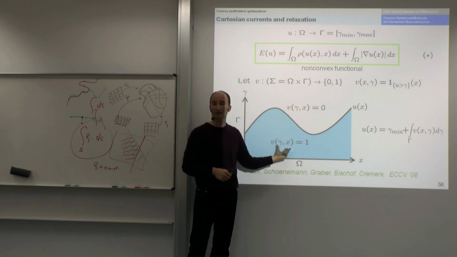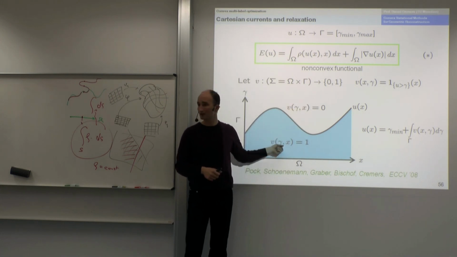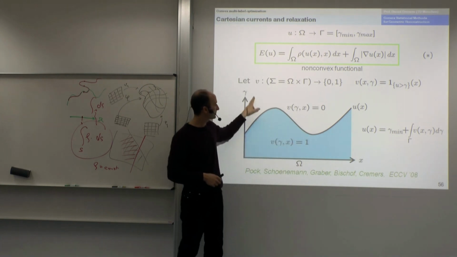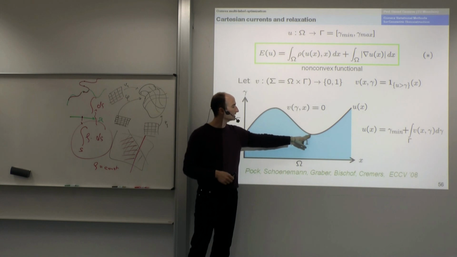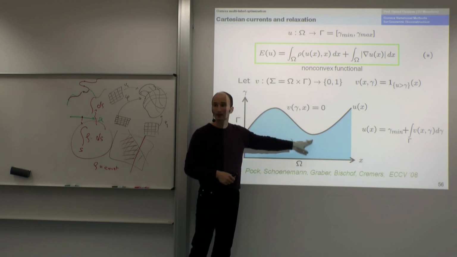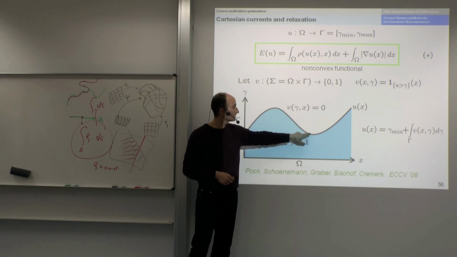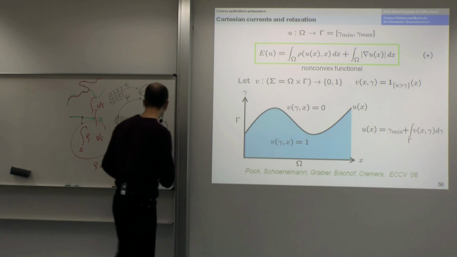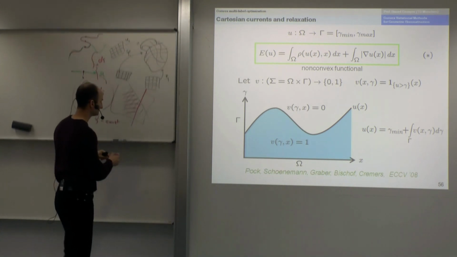So the derivative in gamma direction is actually 0 most of the time. The only locations in terms of gamma where it's non-zero is exactly where gamma equals u of x.